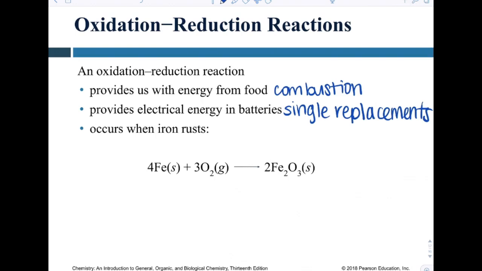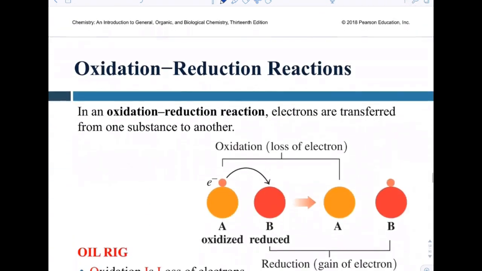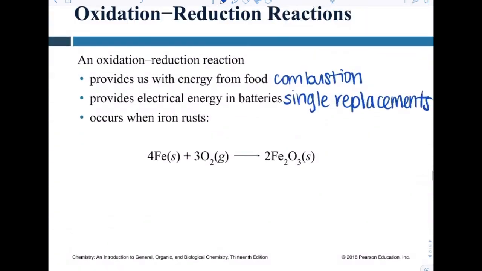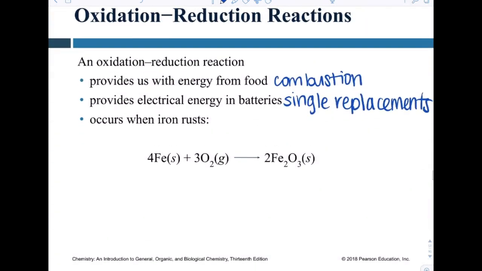And so looking at what's happening to the iron in this case, we can figure out what's happening to the electrons. So looking at the iron, over on the left side, on the reactant side, the iron is neutral. So let's think about what the charge is, because if we're tracking electron movement, it's helpful to track the charge of the compound. And so here the oxidation state of the iron is 0.